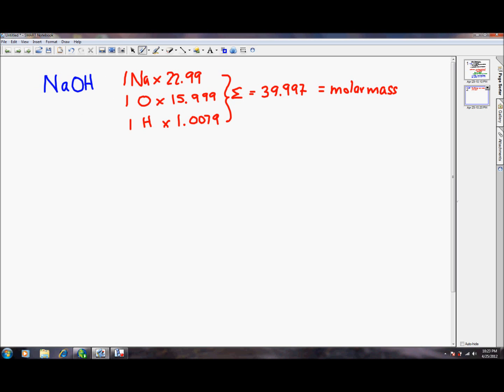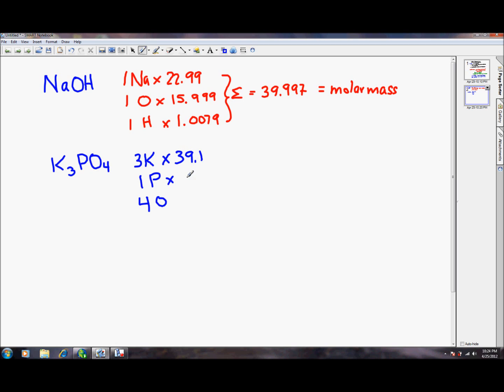Let's do another example. Let's do one that's a little bit more complicated. Let's do potassium phosphate. Okay, so this whole thing is made up of 3 Ks, 1 P, 1 phosphorus, and 4 oxygens. So I would multiply 3 times the molar mass of K, which is about 39.1.